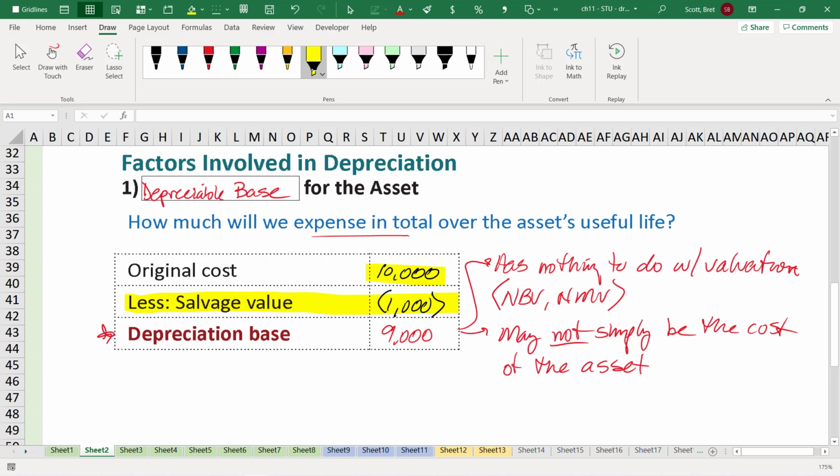Usually there is some type of value available within an asset even after it's been consumed throughout its entire life. If a car has 300,000 miles on it, there's going to be somebody who's willing to pay maybe $100, $500 for it. So we may not just simply say the depreciable base has got to be the cost. No, it's not. There's usually some type of salvage value that we have to take into consideration.